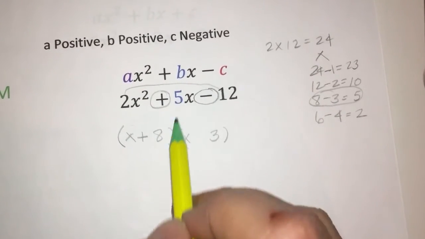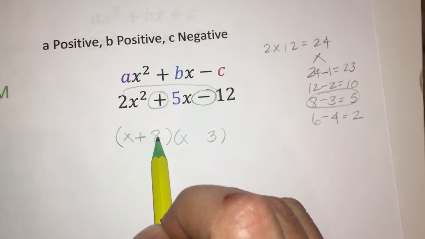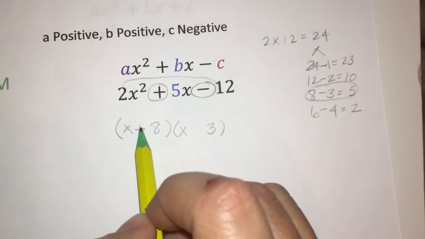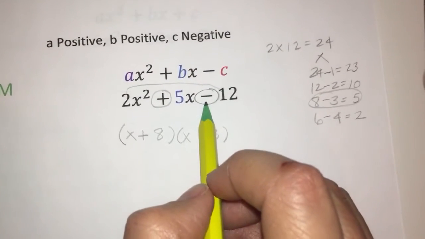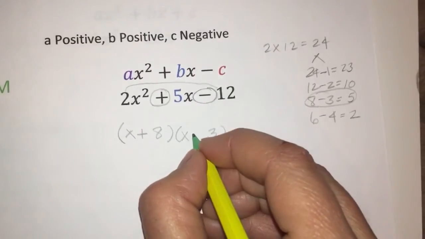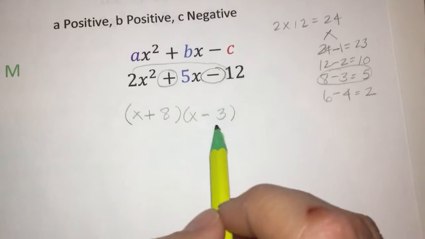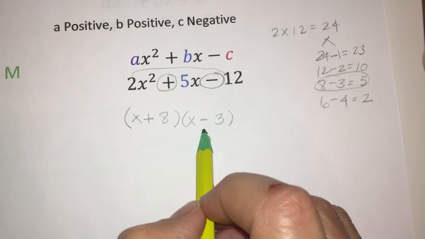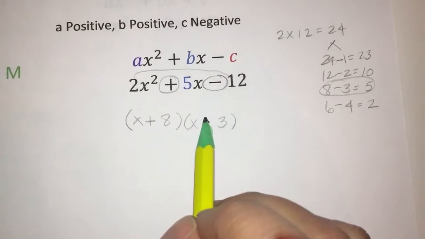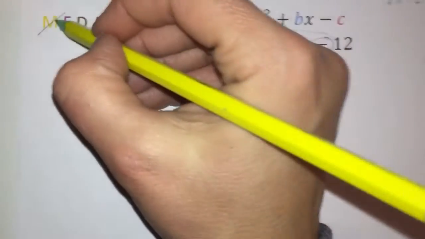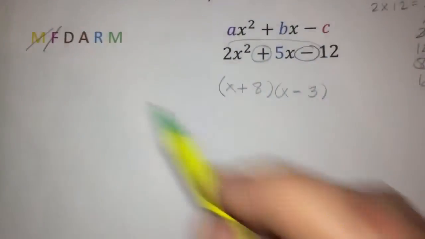So since it's a positive 5, the 8, which is the greatest factor, will be positive. Since the C term is negative, that means I have to have opposite signs. I have to have one positive and one negative. So that takes care of the factoring.